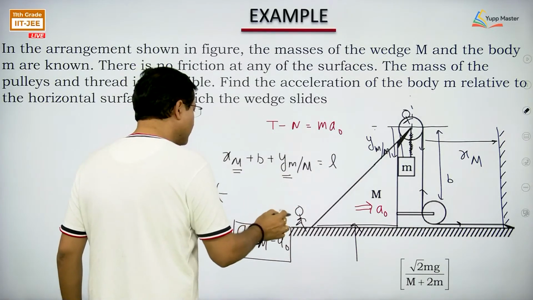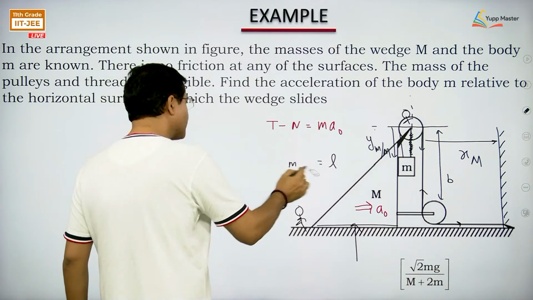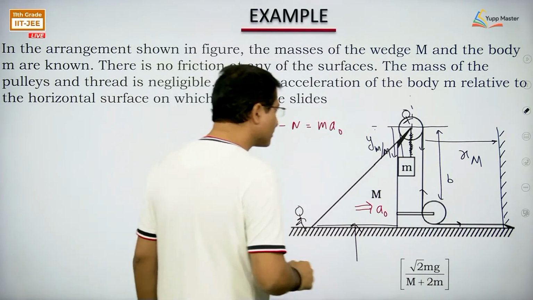Now I'll remove this constraint equation. The person is standing on the pulley. What is he going to observe?